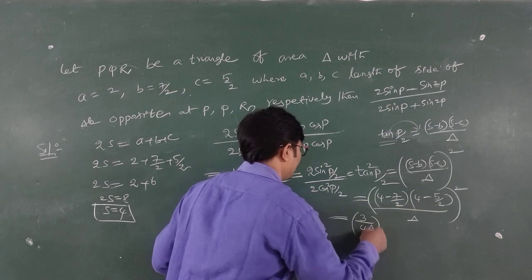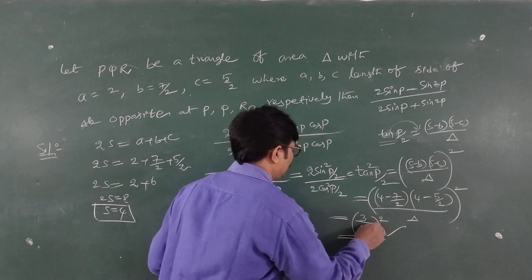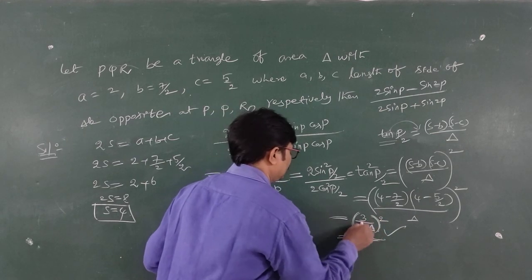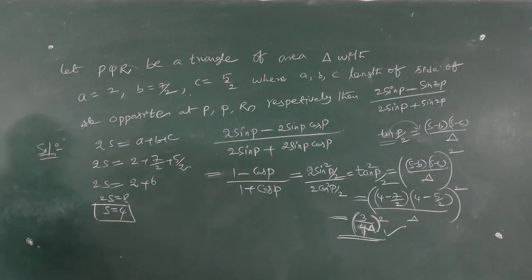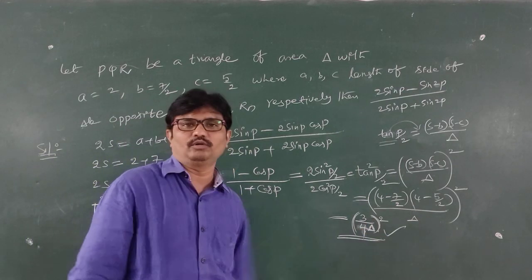So 3 by 4 delta whole square is the suitable option. Is it clear students? Yes. The third option, 3 by 4 delta whole square.